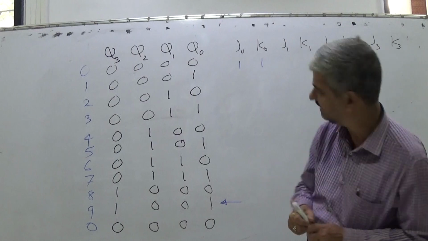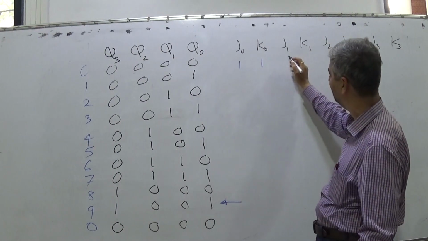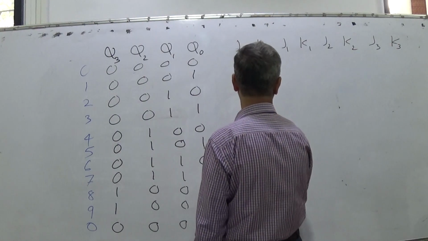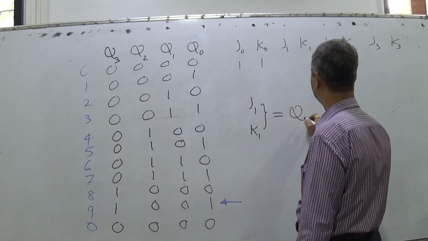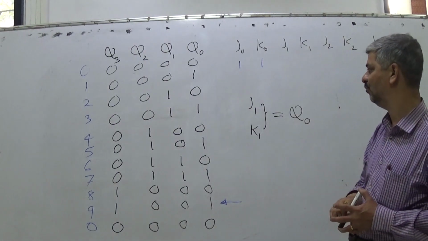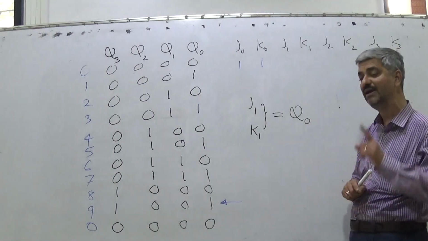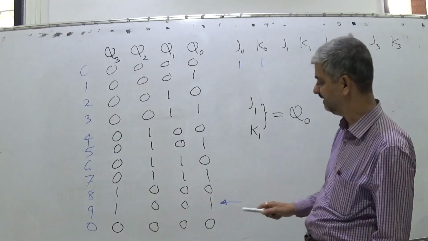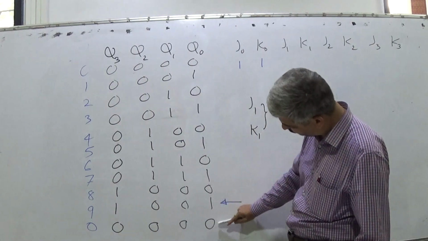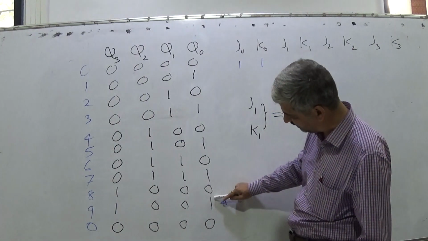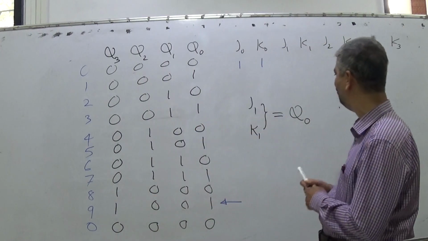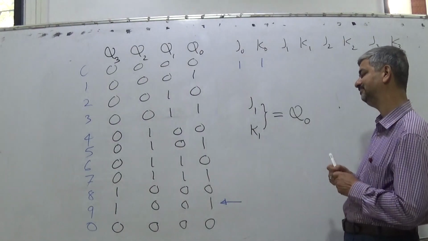So I can say that J1 and K1 both could have been equal to Q0, except for the fact that from state 9 to 0, Q0 is 1 but these are 1 0 0.